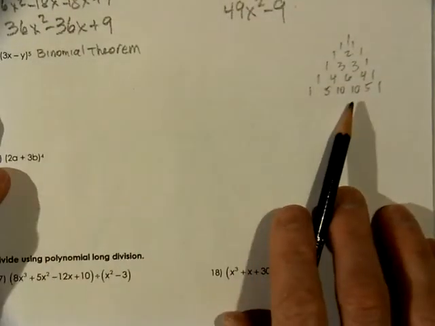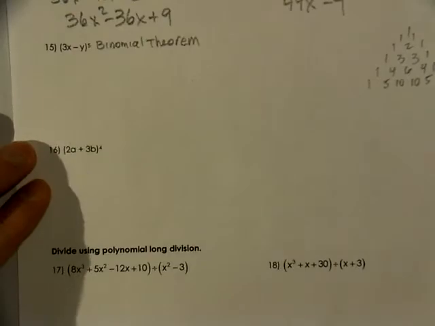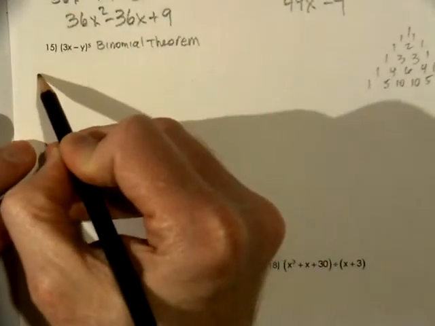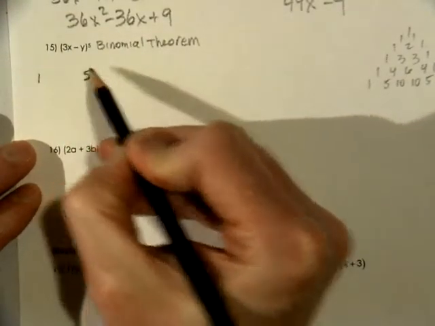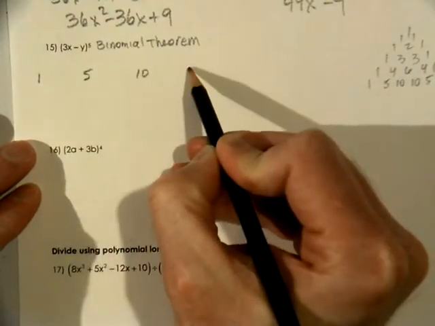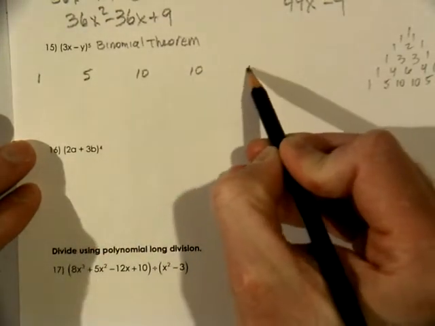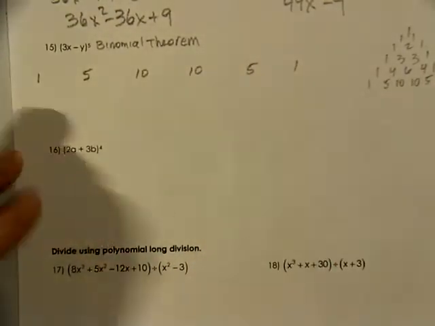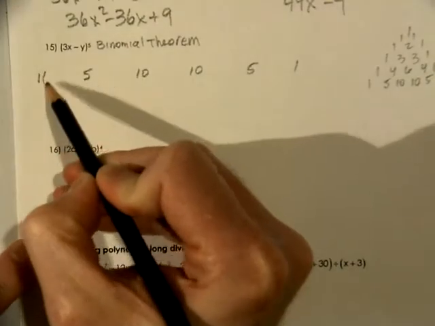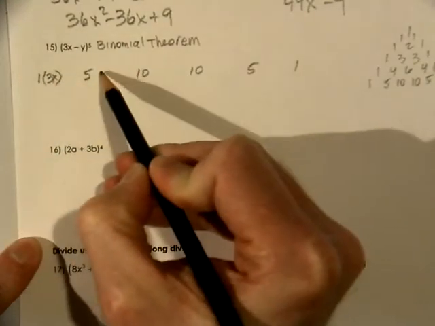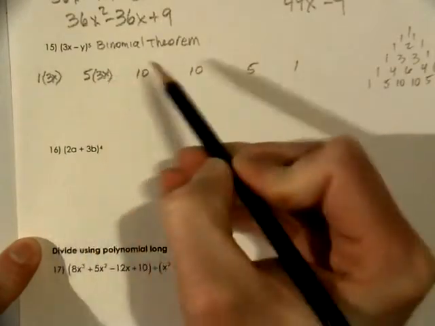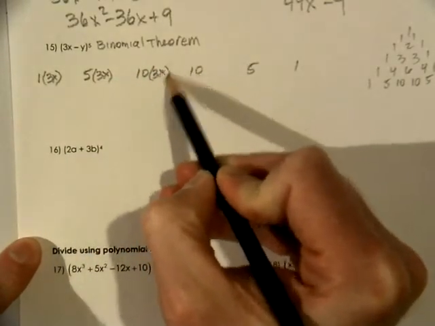Because you have a 5, you're going to work with the 5th row. 3x next to every one of those.